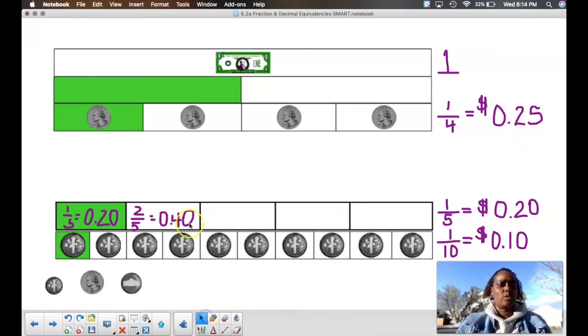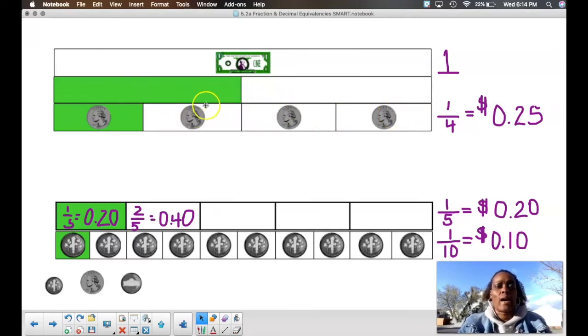So let's just go through this. 1/4 equals 1/4 or 25 cents. So 2/4 would equal 2 quarters or 50 cents. 3/4 would equal 3 quarters or 75 cents. And 4/4 would equal one whole dollar.